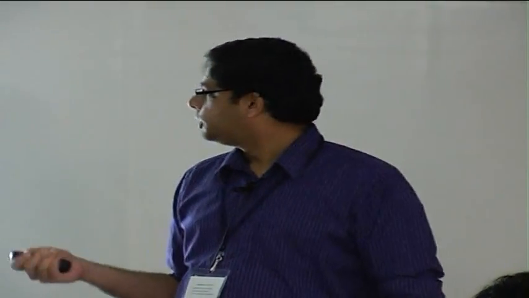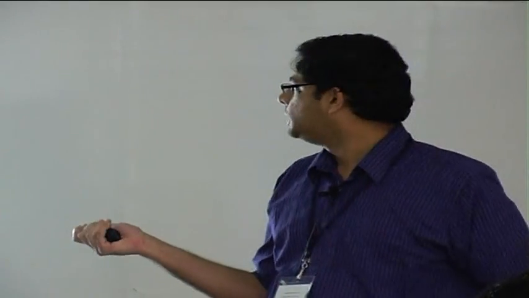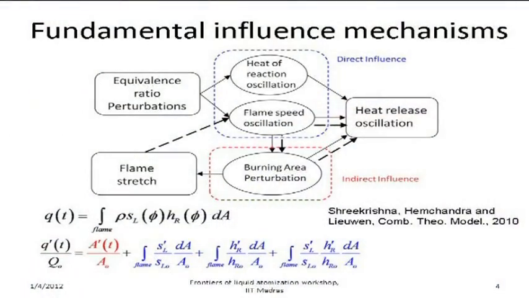So when you have such fuel-air ratio stratification, you get heat release oscillations by various fundamental processes. If you have equivalence ratio perturbations, you get perturbations in local heat of reaction of the mixture. You get perturbations in the local flame speed along the flame. And that would directly result in heat release oscillations, as you can see from this little formula that I've put here, which is basically the integral of the local heat release rate over the flame.